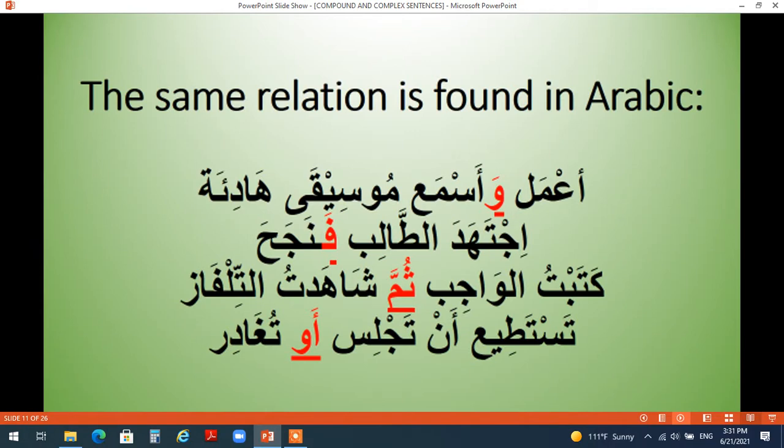Here also we have the coordinating conjunction ثم which has been used to connect between two clauses or two simple sentences. تستطيع أن تجلس أو تغادر. Here also we have the coordinating conjunction أو which has been used to connect between two clauses. So the same relation is found in Arabic.